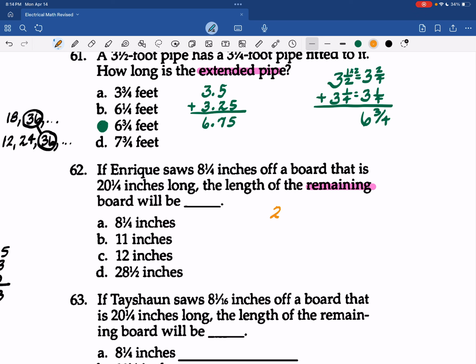So we're starting with 20 1/4, and we're sawing off 8 1/4. A fourth minus a fourth is 0. And 20 minus 8 is 12. So you would have 12 inches of board left.